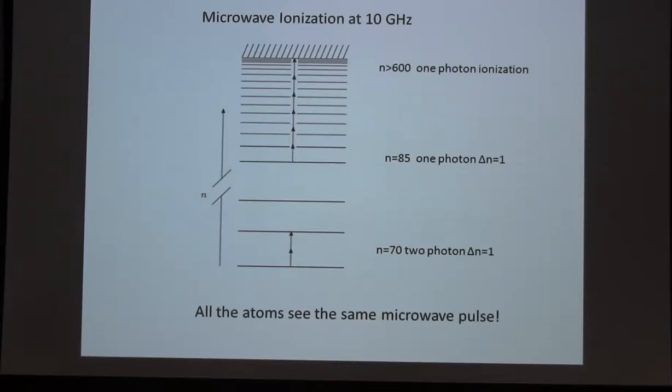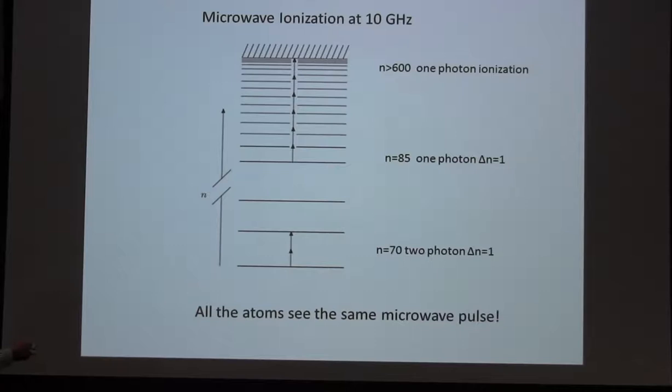So at n equals 85, it's 10 gigahertz from 85 to 86. It's 20 gigahertz at n equals 70 to 71, and if I go down lower in n, they become even more photons separating the levels. And if you get up to around n equals 600, you can photoionize the atoms with one 10 gigahertz photon.